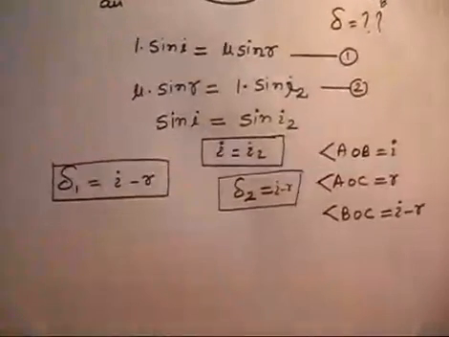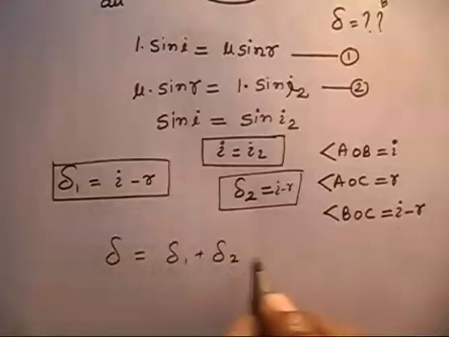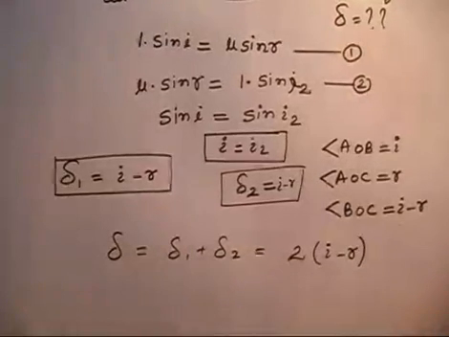So what will I have? The total deflection is delta 1 plus delta 2, so this is 2 times (I minus R). Now sine I you can easily find from here.